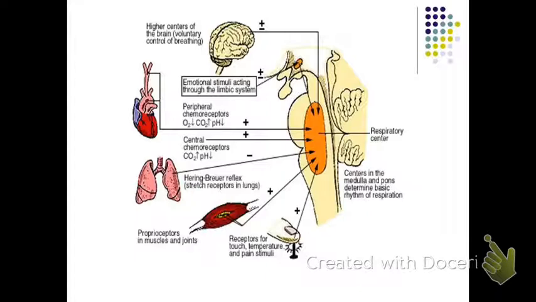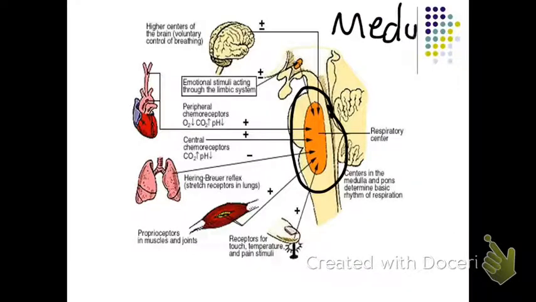And then you have the emotional stimuli coming through the limbic system. And all of these stimuli are processed or received within the respiratory center. And remember, the respiratory center is within the medulla and the pons. And so all of these stimuli are coming into that one small area.